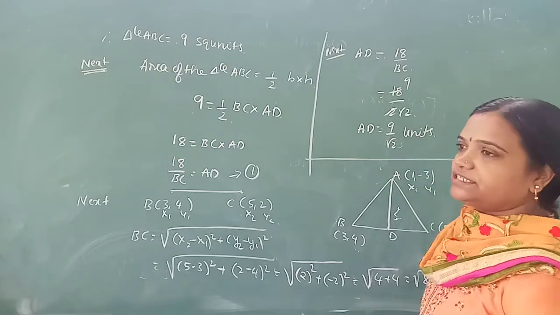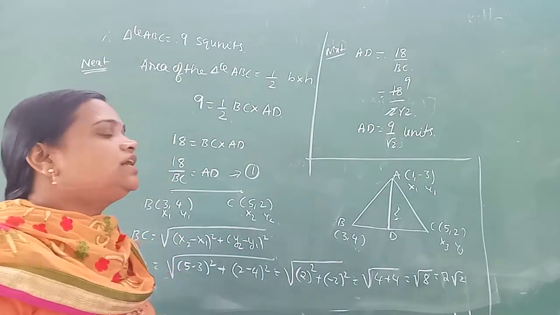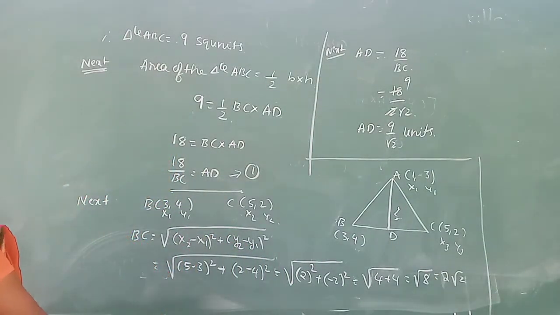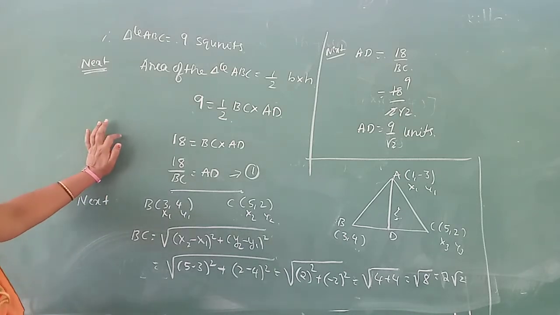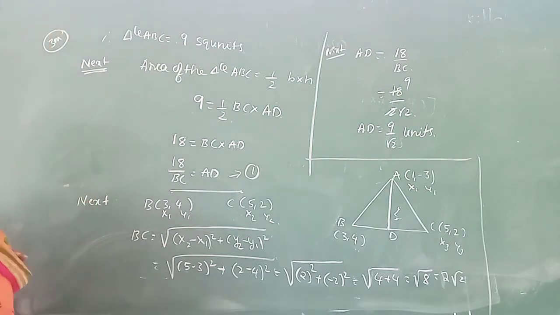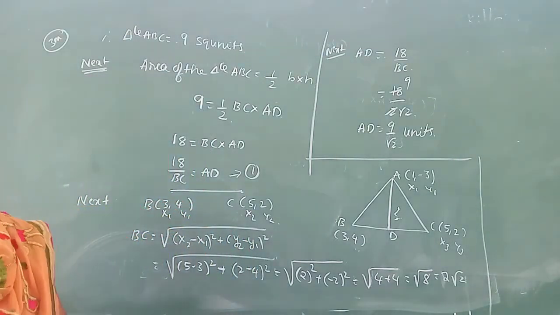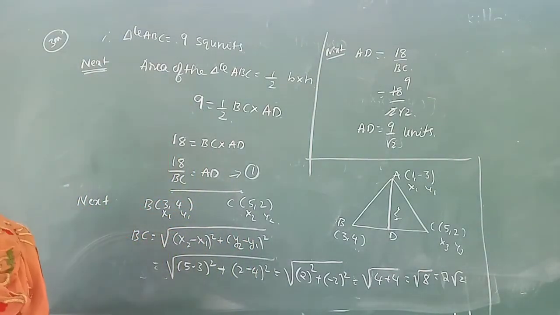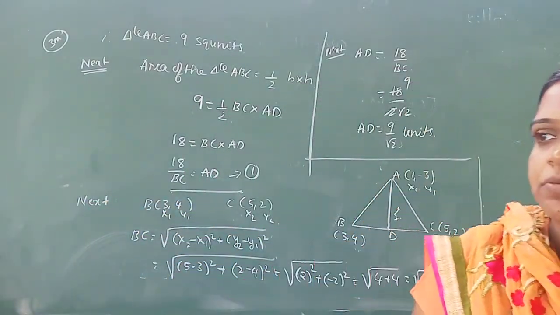Now you can get the answer of the altitude of the triangle ABC like this. Are you understood? Such a type of example is asked in the exam for a 3 marks question. Very simple, nothing is there. Only the very first step is to calculate the area of the triangle ABC.